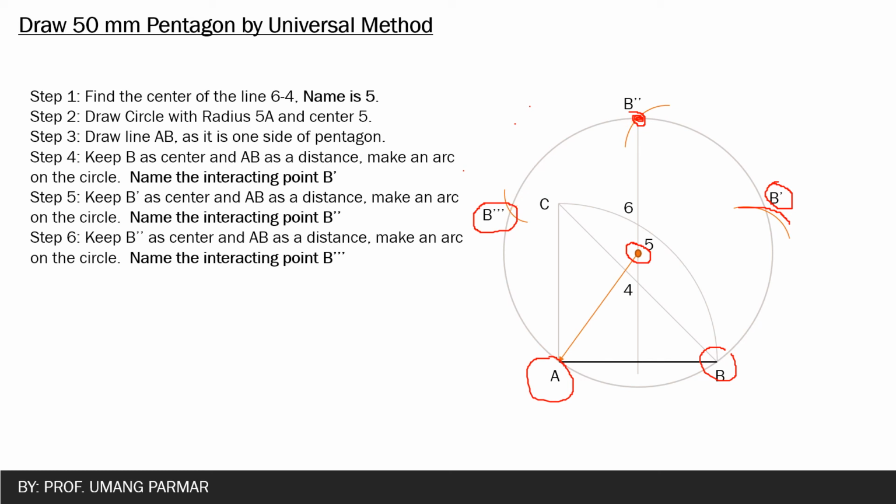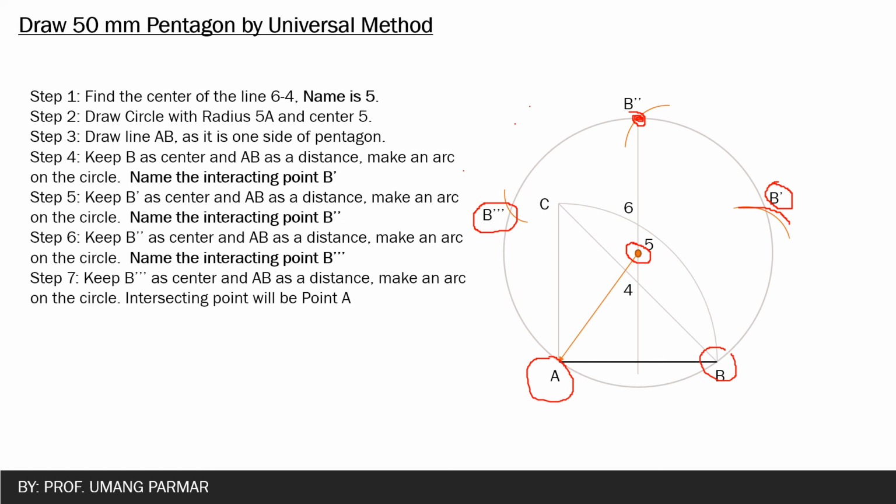And at last if you make the arc from B triple dash as a center, you will have point number A. My arc will be passing through point number A, and that is the surety of your accuracy that you are going on the right path.